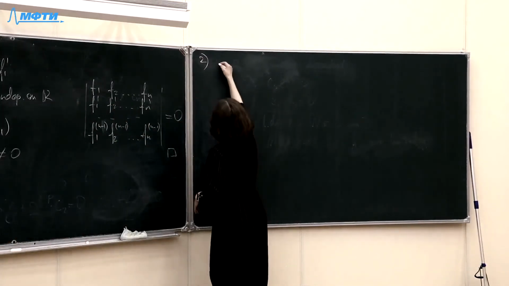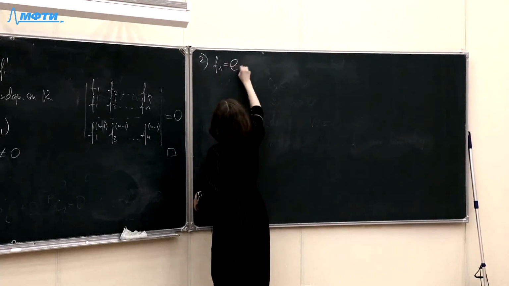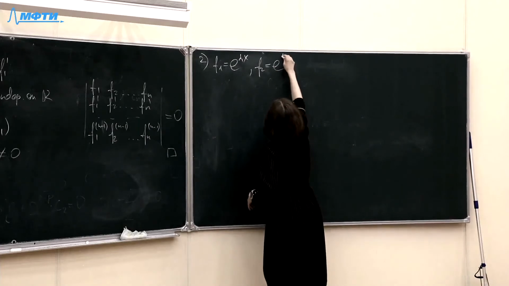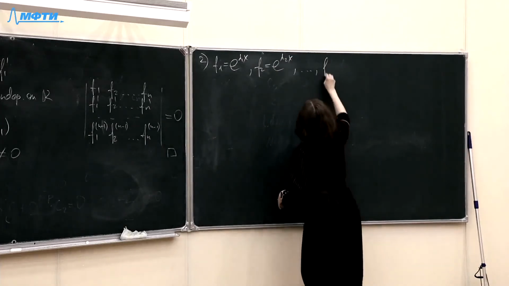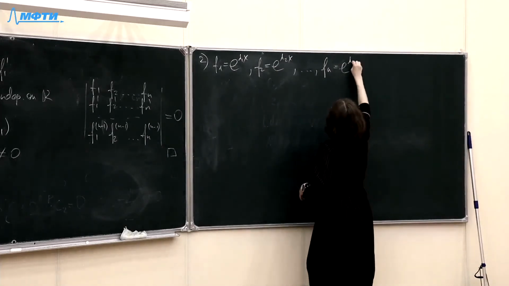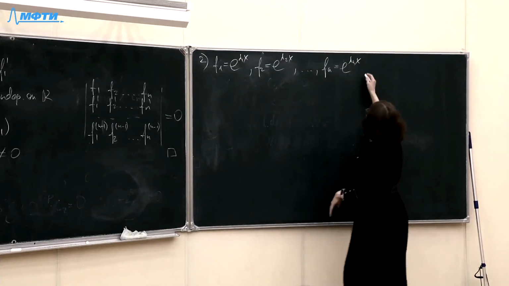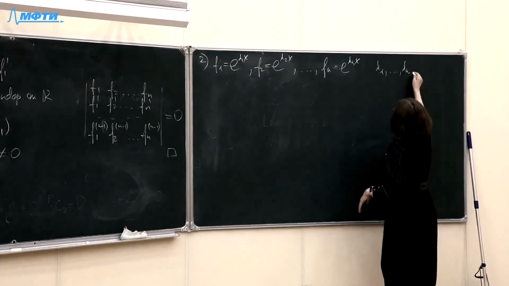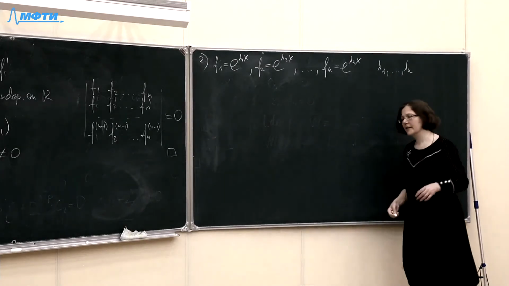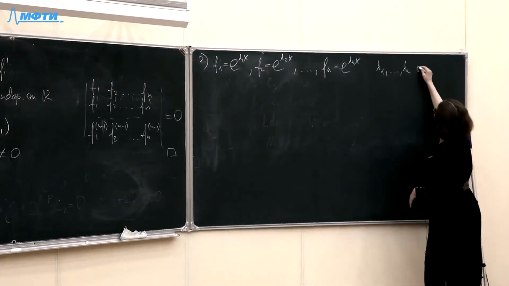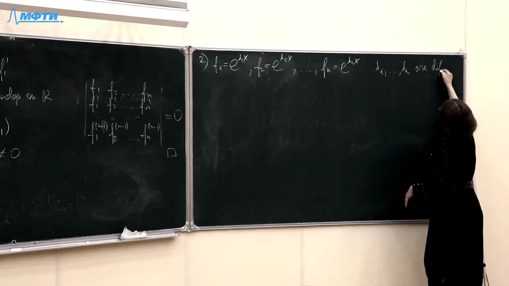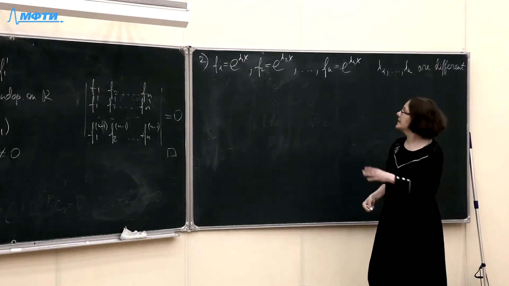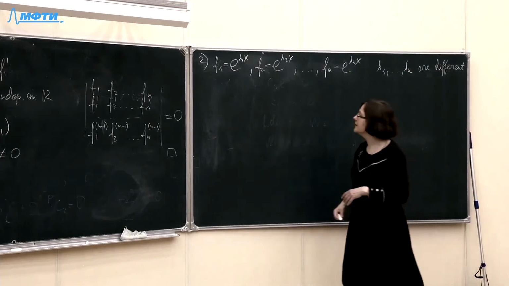Example number 2: given n functions, f1 equals e to lambda 1 x, f2 equals e to lambda 2 x, and so on, fn equals e to lambda n x, where lambda 1, ..., lambda n are different numbers. Let's check that these n functions are linearly independent.